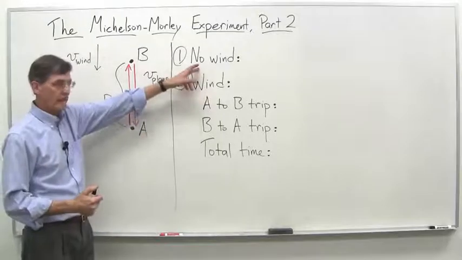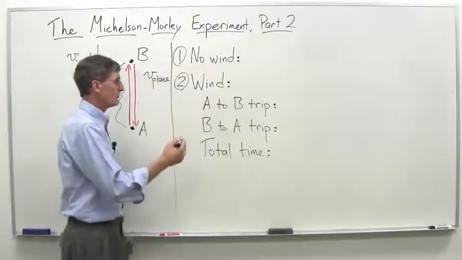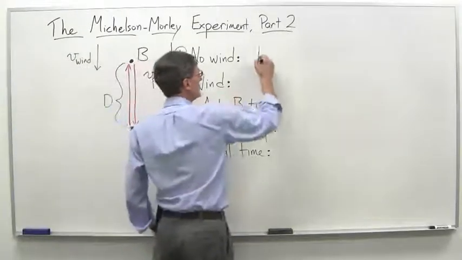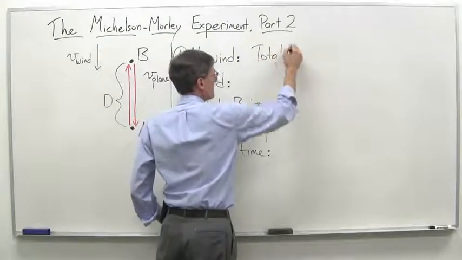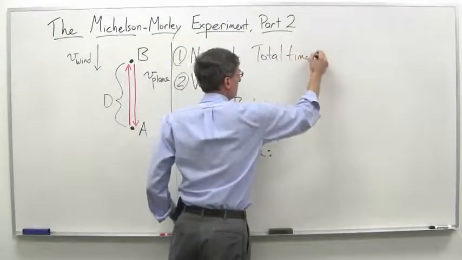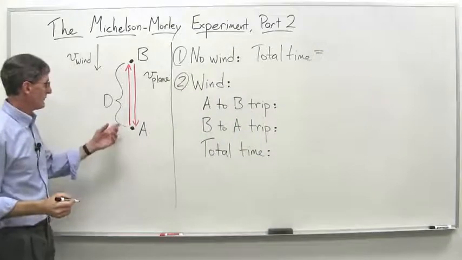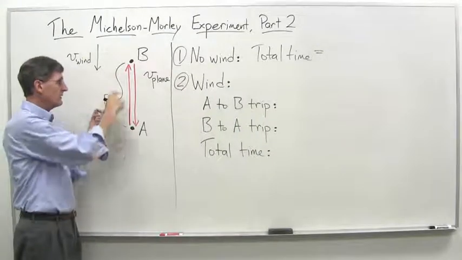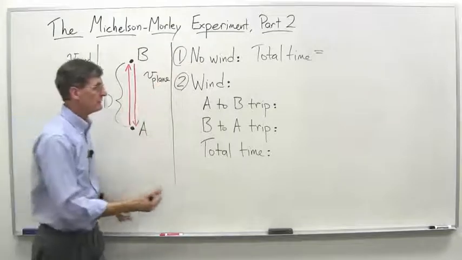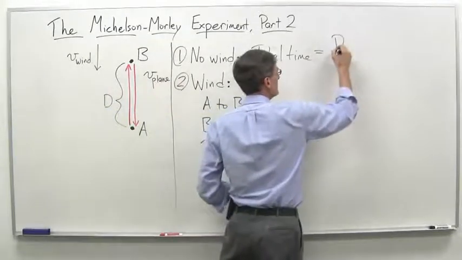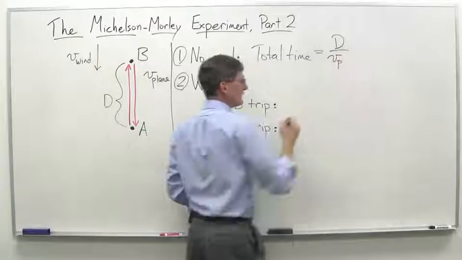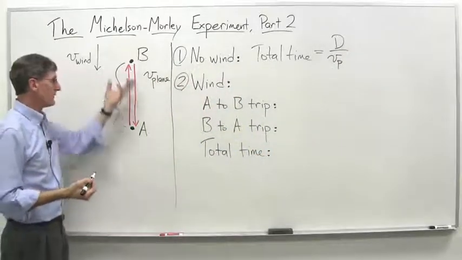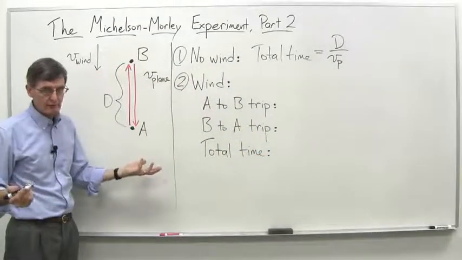So with no wind, the total time of our trip: for one leg, it's the distance divided by the velocity, so just d divided by v sub p. So it's going to be d divided by the velocity of the plane. And then, of course, on the return leg, there's no wind involved.